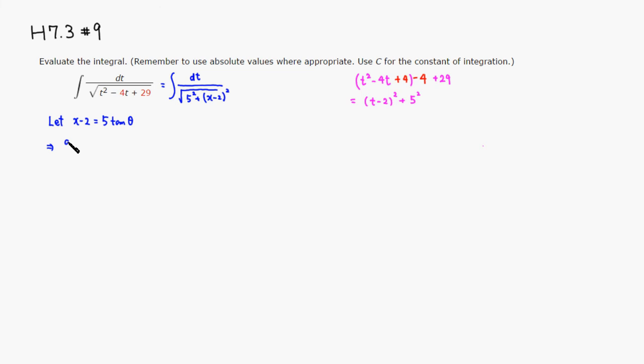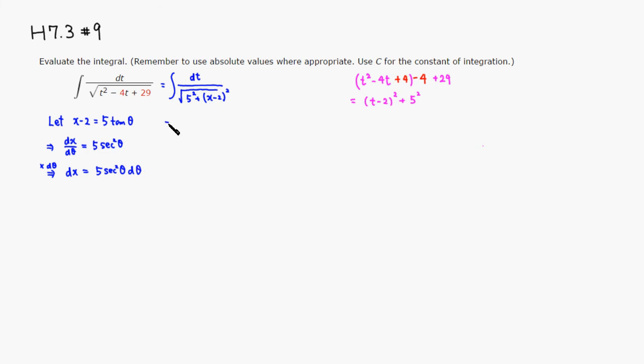The derivative of x is dx over d theta, the derivative of negative 2 is 0, so it goes away, and the derivative of 5 tangent theta is 5 secant squared of theta. Then we multiply both sides by d theta to get dx equals 5 secant squared of theta d theta.